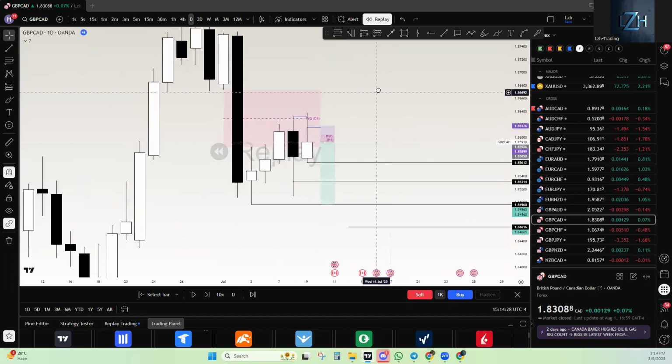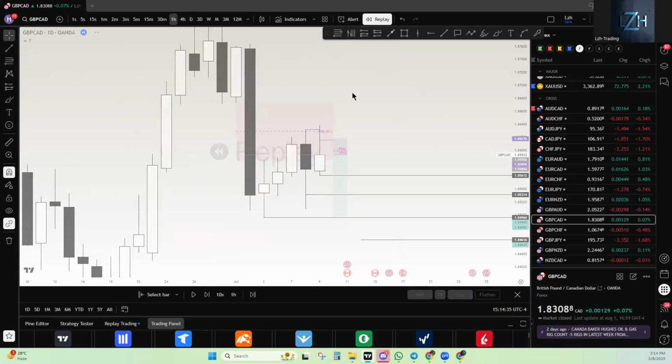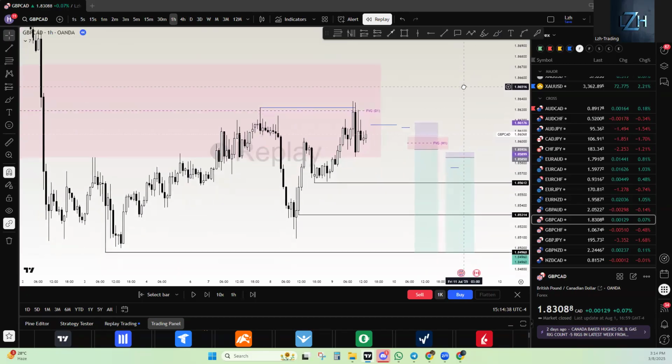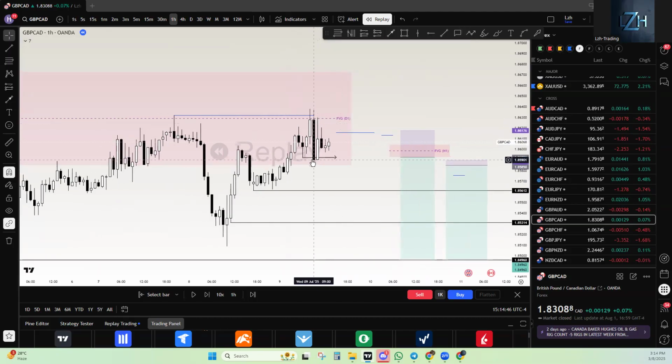So on a daily basis, this is what we see: trading into the fair value on the daily time frame. If I go down towards the 1 hour, I see a break of structure over here, a 1 hour break of structure with a candle closure below.